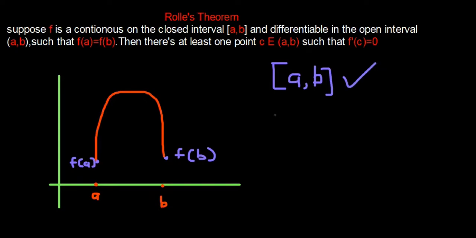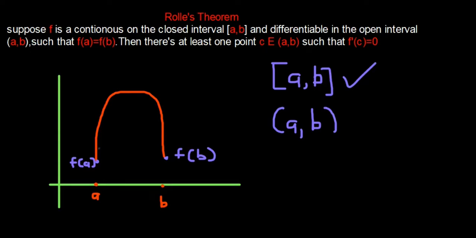Let's look at the second one. The function has to be differentiable at every single point in the open interval AB. That means when you take any number between this interval, you should be able to find the slope for that number.